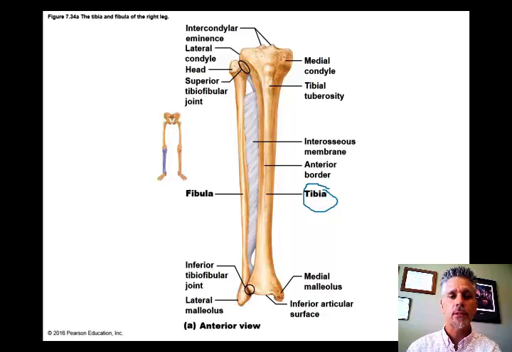The fibula is on the lateral side, longer name, smaller or thinner bone. Okay, so when we look at the tibia, this is the shin bone from the song. There's a lot more aspects to the tibia compared to the fibula. Also have an interosseous membrane, much like we saw between the radius and the ulna.